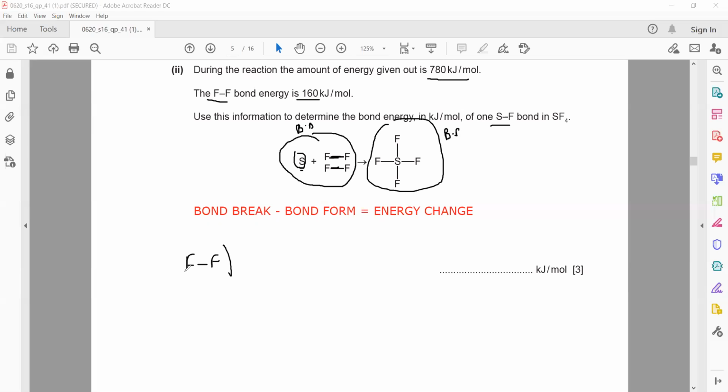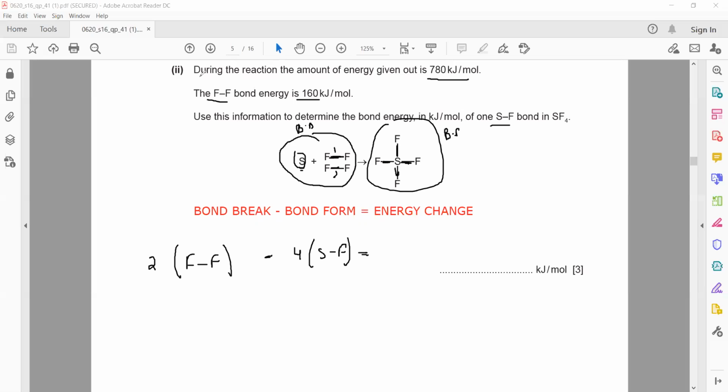So bond breaking will be 2 multiplied by fluorine, because this is 1, this one is the second. Minus bond forming. How many bonds are formed? 1, 2, 3, 4. So 4 SF bonds are formed. And that is equal to the energy change.